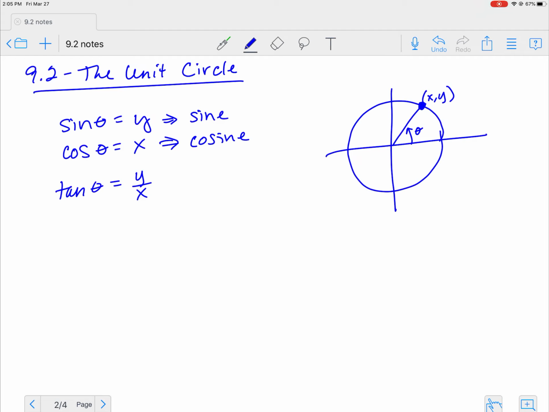Tangent is going to be y over x. So in order to get tangent, I have that sine over cosine. Tangent is y over x. Now, we can also have cotangent. That's going to be x over y.